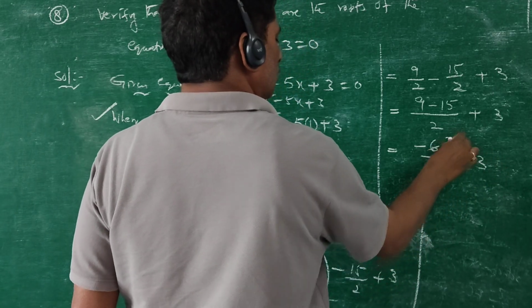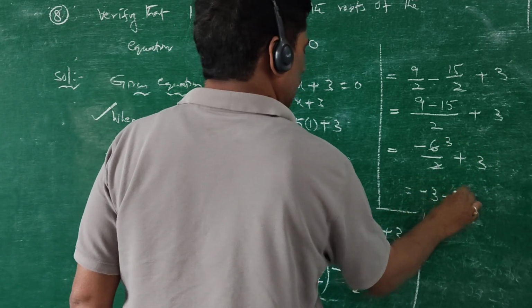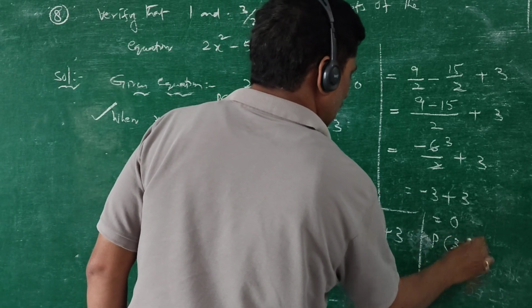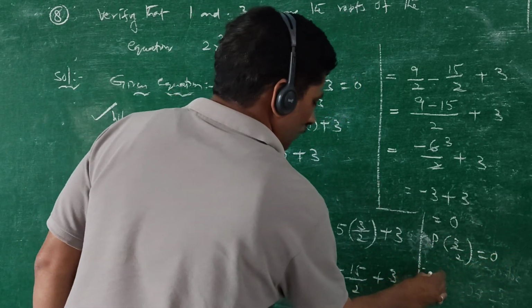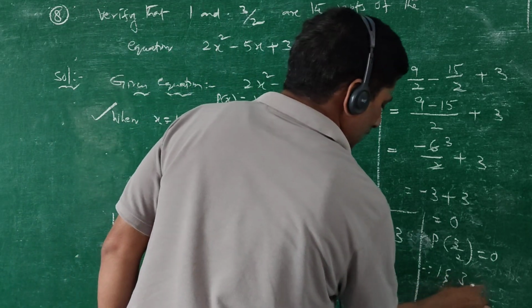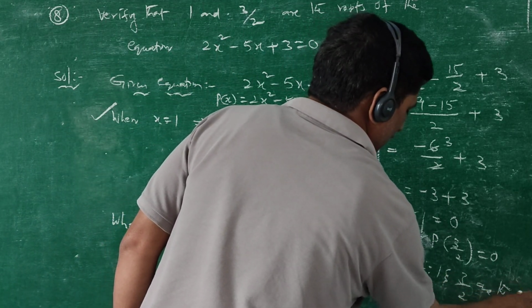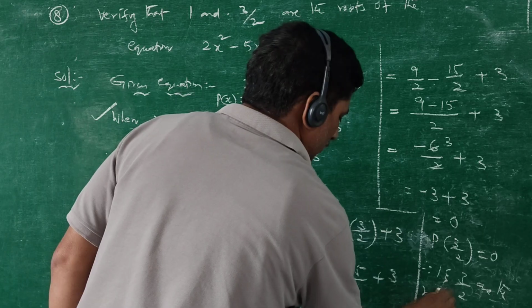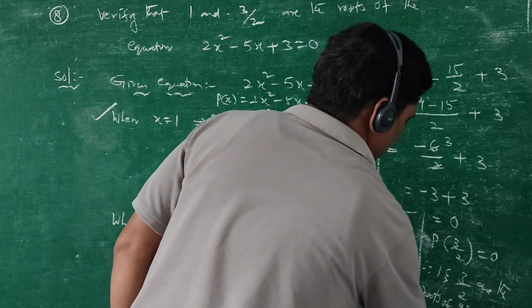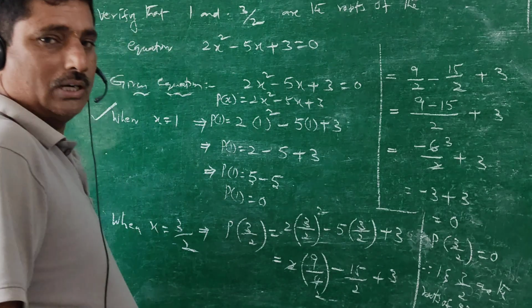Minus 3 plus 3 equals 0. So p of 3 by 2 is also 0. Therefore 1 and 3 by 2 are the roots of the given quadratic equation. I hope you understand.